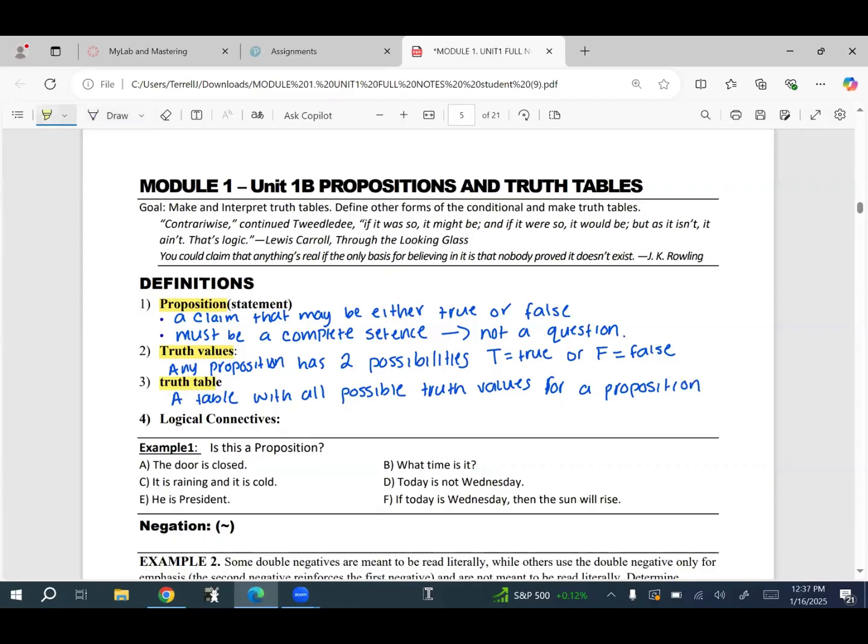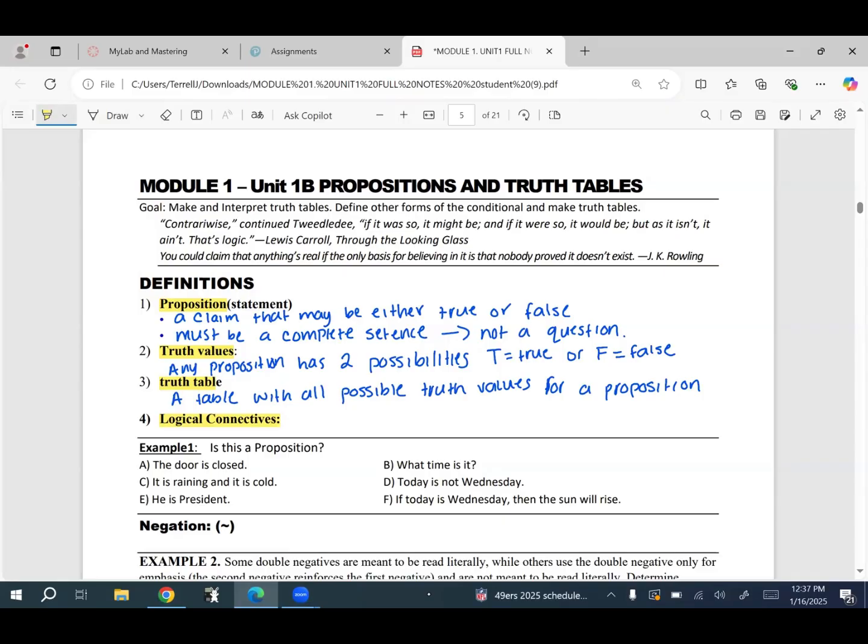And then the last thing before we go over some stuff, logical connectives. So sometimes you have more than one proposition. Again, a proposition is just a statement, right? A sentence. We don't care. It could be true or false. If I have more than one proposition, I'm going to connect it with words like and, or, if and then. Those are called logical connectives.